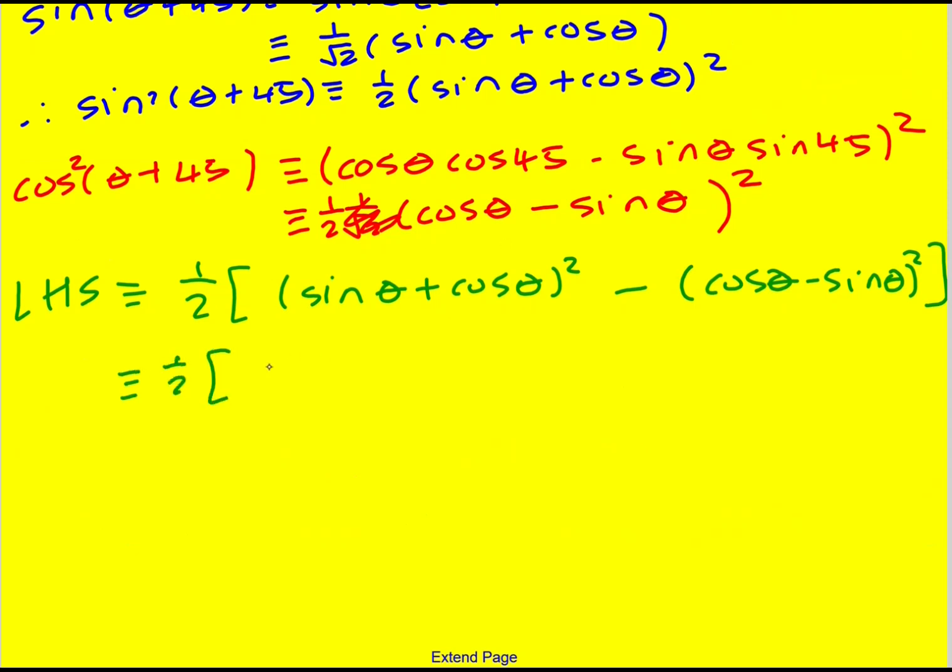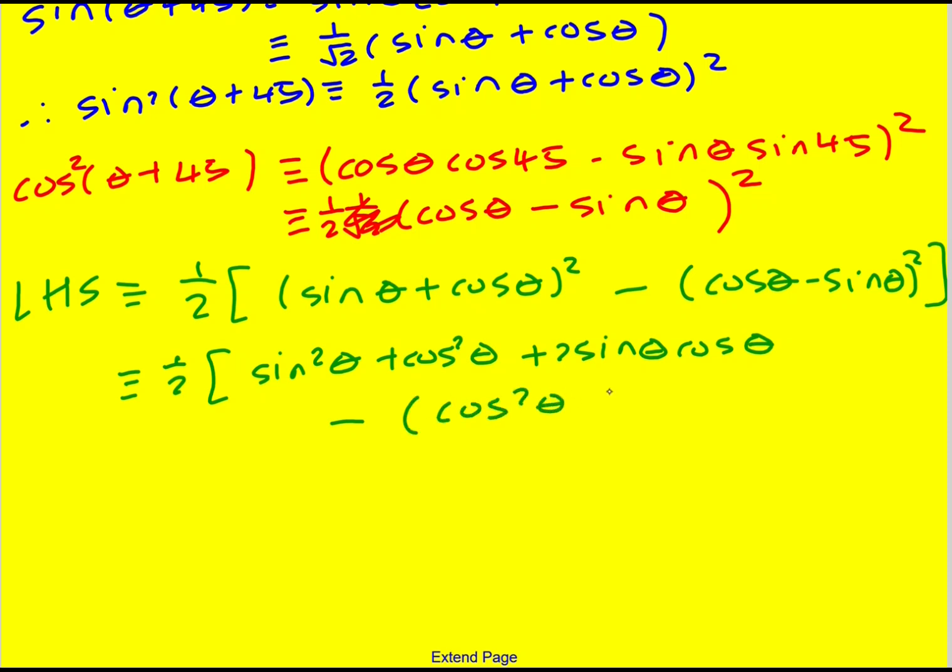Okay, remember this is a double bracket, so I'm going to get sine squared theta plus cos squared theta plus 2 sine theta cos theta. Then I'll be minusing cos squared theta plus sine squared theta minus 2 sine theta cos theta. The sine squared and that minus sine squared are going to cancel. The same with this and this.